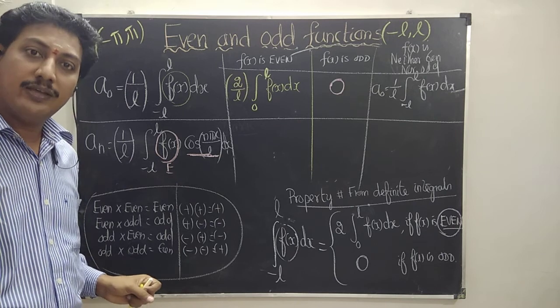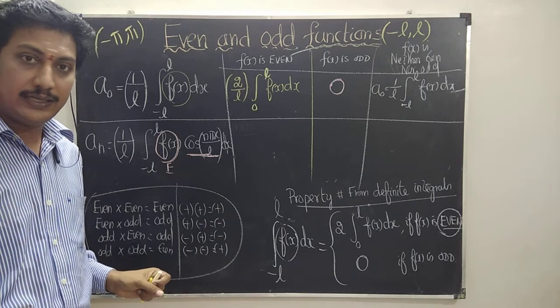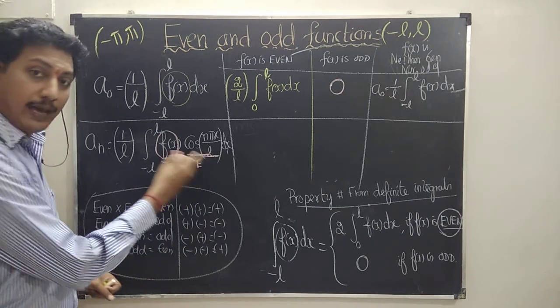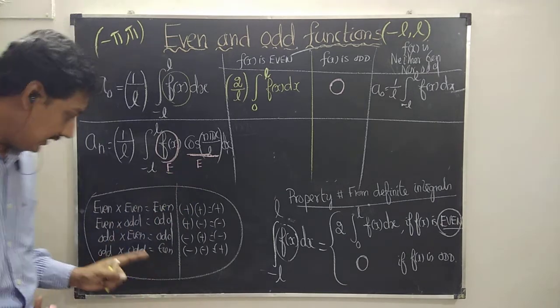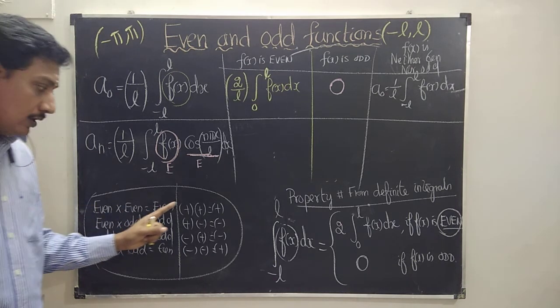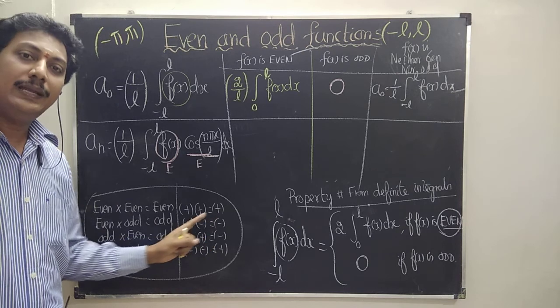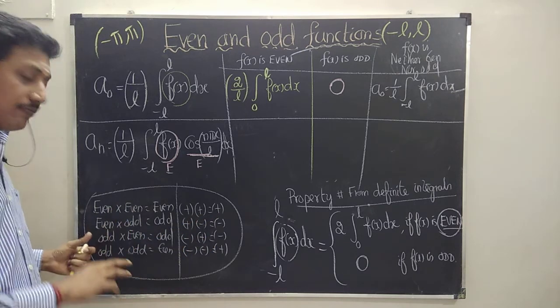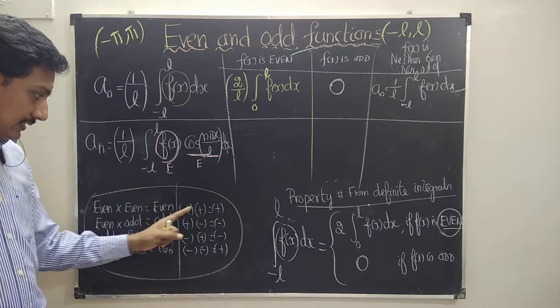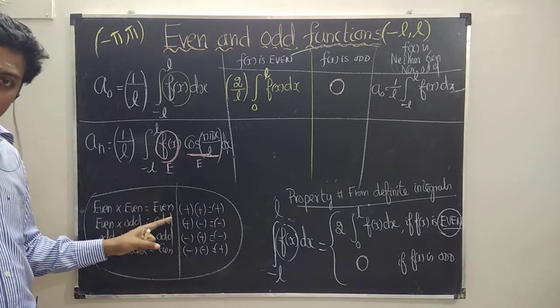Cosine is always even because cos of minus theta is cos theta. So even into even is again even. It's a simple idea: even into even is even, like plus into plus is plus. Plus indicates even, because f of minus x is plus f of x.